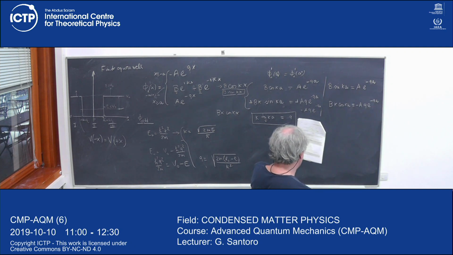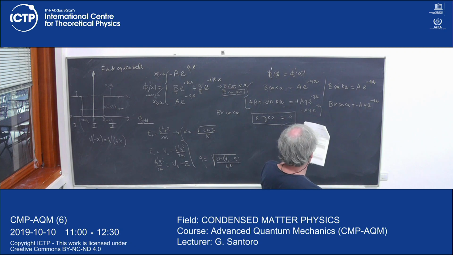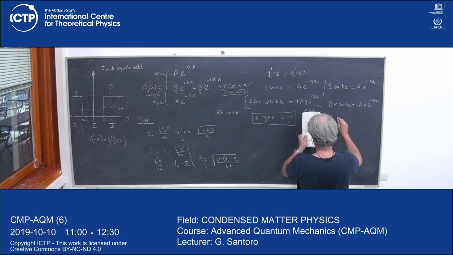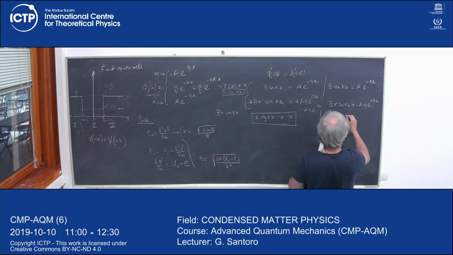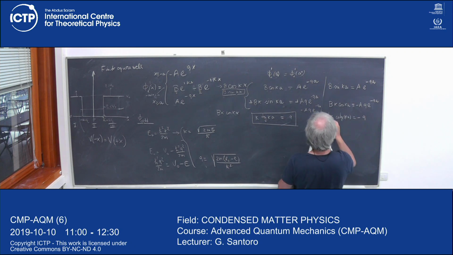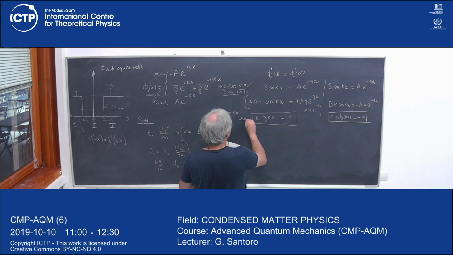So let's take the ratio of this divided by that, and the b goes, I get k, the cotangent, the cosine divided by sine of ka, equal to minus q. So if this is the even case, the odd case is similar.